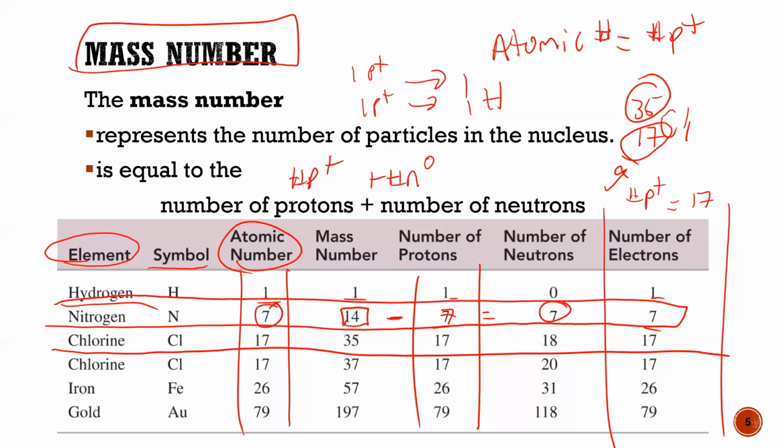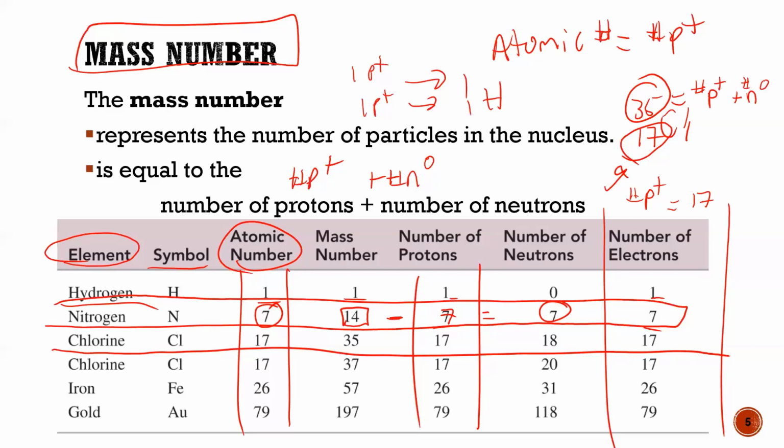And why is that? Well, if you remember from earlier videos, the mass of the atom comes from the nucleus, the protons and neutrons, which is basically one atomic mass unit, 1 AMU, for each. So if the mass number is 35, that means I have a total of 35 protons and neutrons.